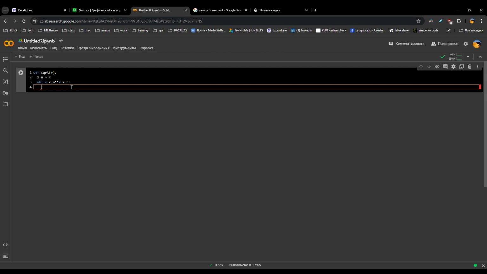So following the previously defined Newton's method equation, the next x of n plus 1 is equal to 1/2 multiplied by x of n plus r divided by x of n.